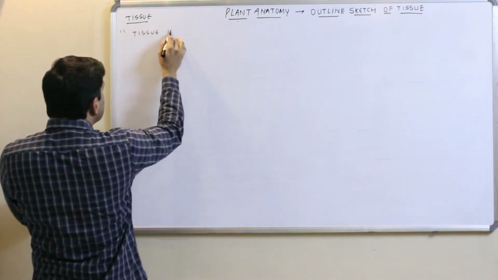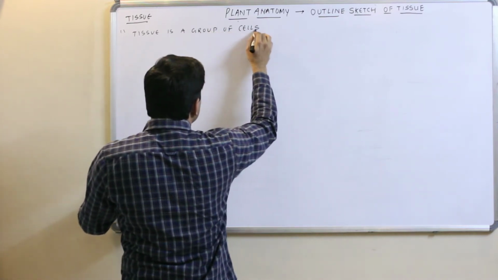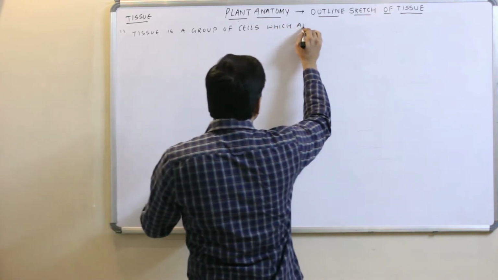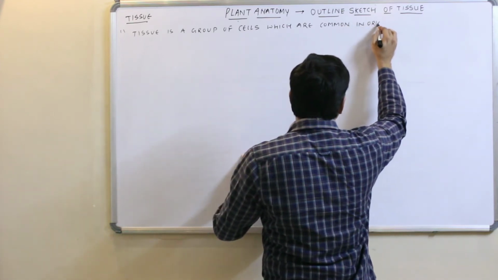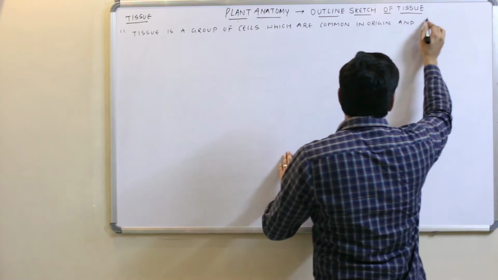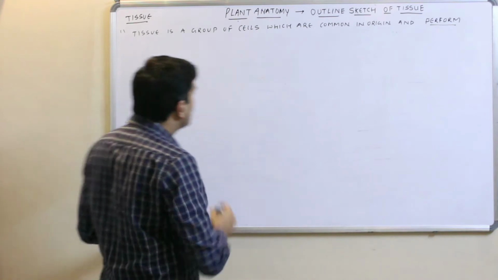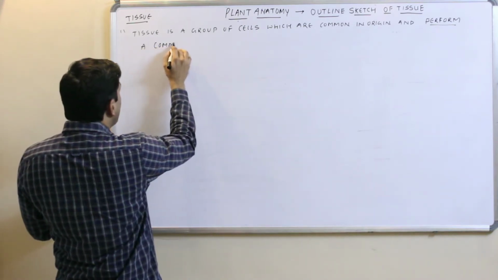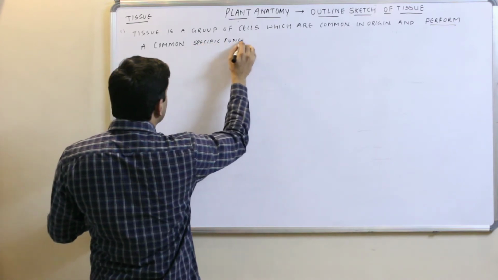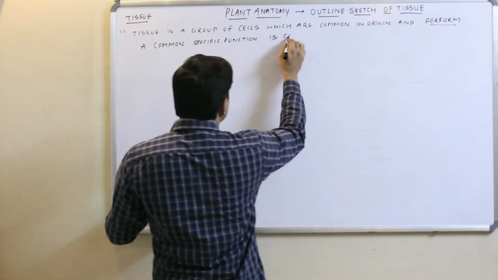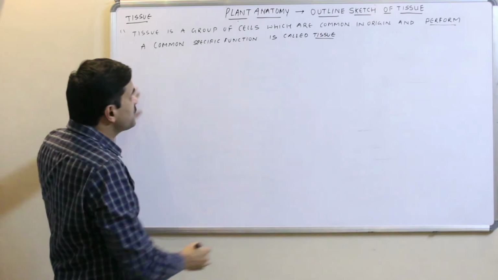Tissue is a group of cells which are common in origin and perform a common specific function, and is called tissue. Are you getting what I want to say?